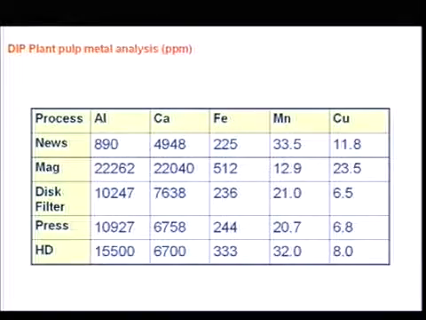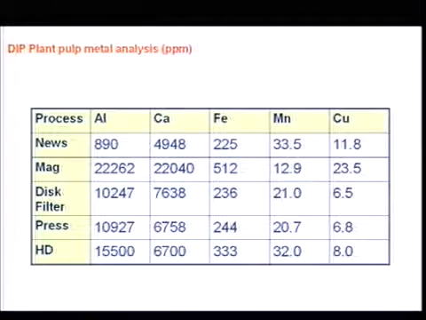And typically when you process through the de-inking process, when it reaches the disc filter, from a particular mill I collected these numbers. The iron goes down to 236 from an initial number of anywhere between 250 to 300. Manganese goes down, so does the copper.